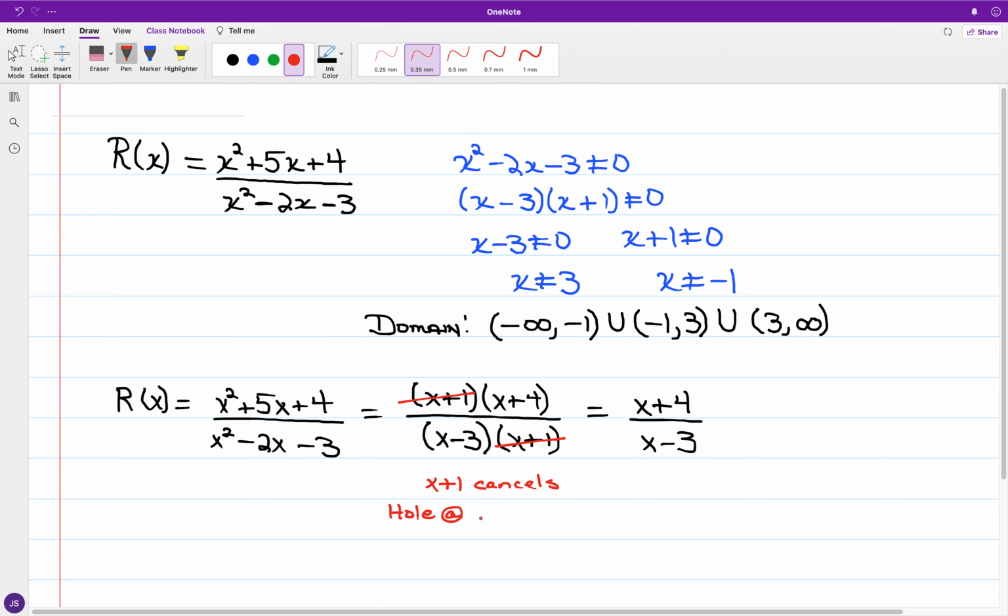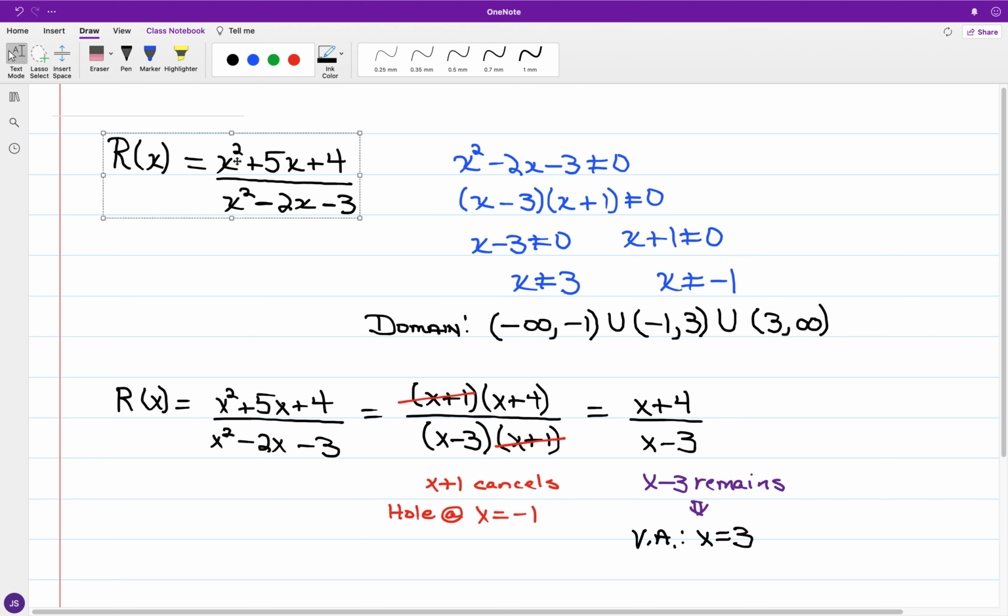So we have a hole at x equal to negative 1. For the reduced form, x minus 3 remains, so the corresponding zero, the restricted value 3, is going to be the vertical asymptote. So you have a vertical asymptote at x equal to 3 and a hole at x equal to negative 1.